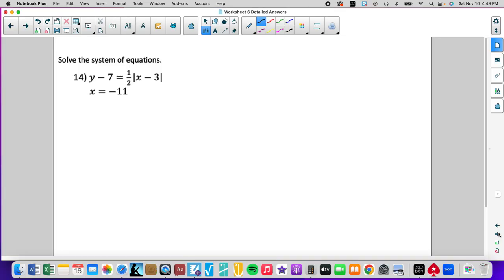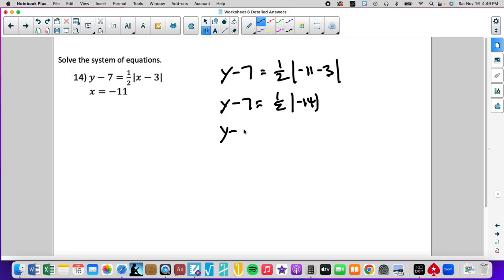Number 13, 14. Same thing. Let's plug it in. We get y minus 7 equals 1/2 times the absolute value of negative 11 minus 3. That's negative 14. So y minus 7 equals 1/2 times 14, y minus 7 equals 7.